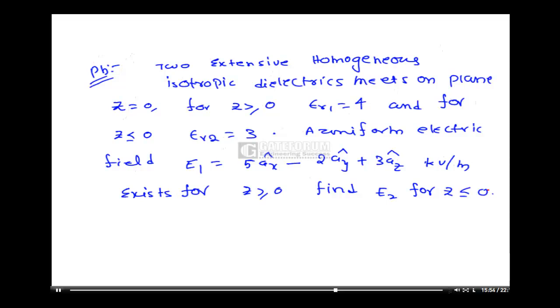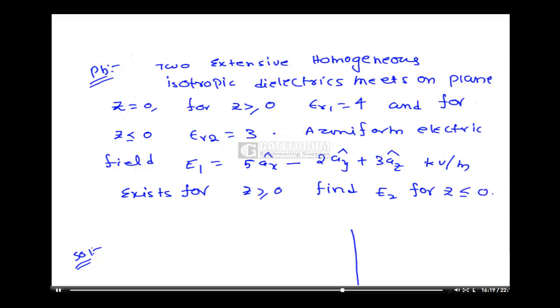So this type of problem is very important. We will see how to solve this type of problem very easily. First of all, draw a rough diagram to analyze the problem more clearly. Here, two extensive homogeneous isotropic dielectrics. What is the meaning of homogeneous? Homogeneous medium means properties are the same everywhere.